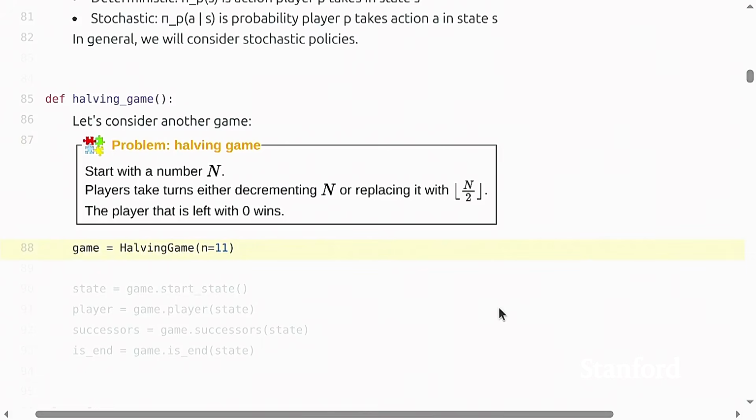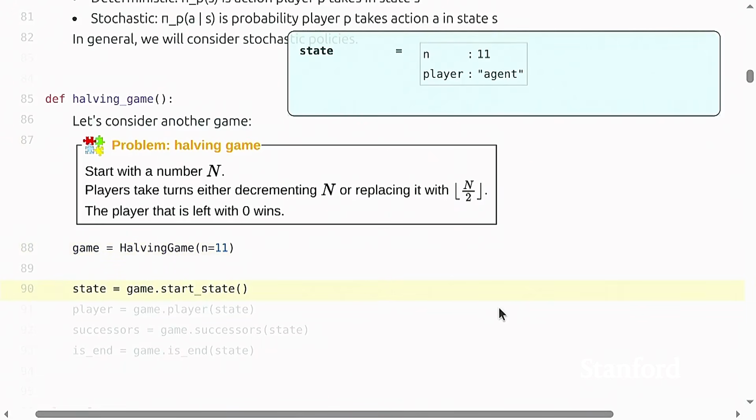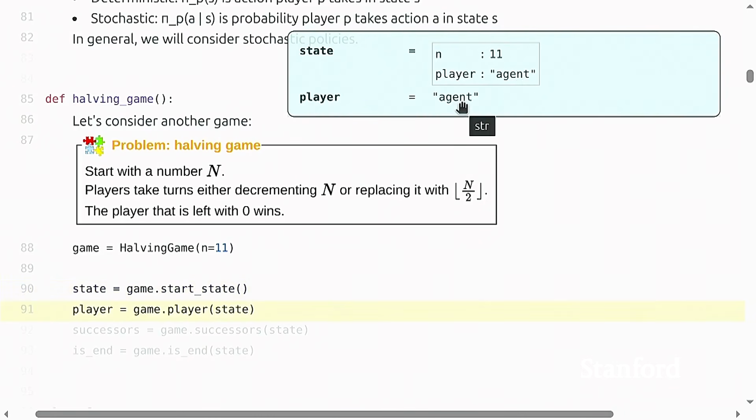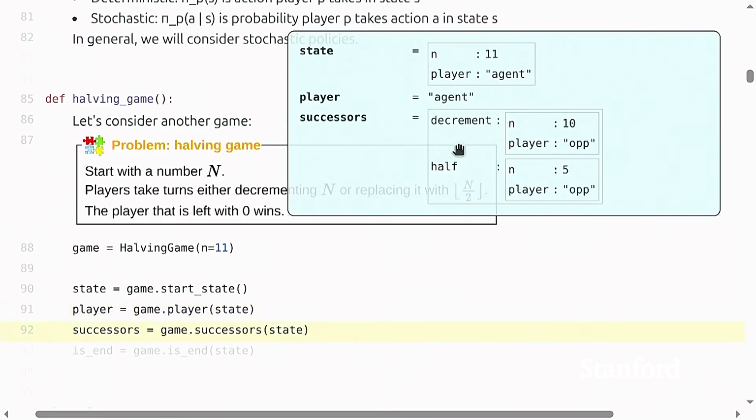So what this might look like is, you start at the starting state, n is 11, it's the agent's turn. So here we're seeing that the state marks whose turn it is explicitly as a field. The player here is obviously the agent. The successors of this state are, I can decrement, and that takes me to this state, where n is now 10 and it's the opponent's turn, or I can halve, where I take 11 divided by 2, floor it, and that gives me 5.